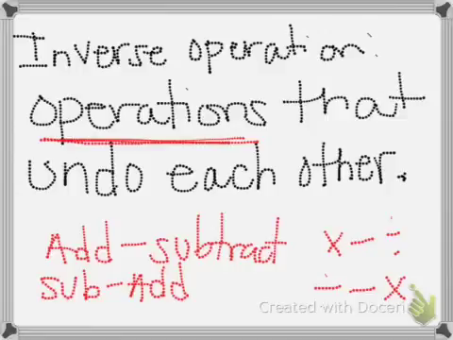Same is true for multiplication and division. If I'm multiplying in my equation, then I'm going to use division for my inverse. And if I'm dividing in my equation, then my inverse is going to be multiplication. Again, inverse operations are operations that undo each other, also known as opposites.